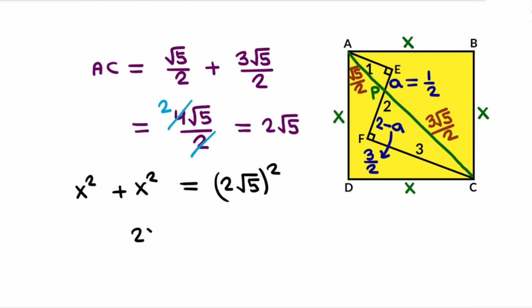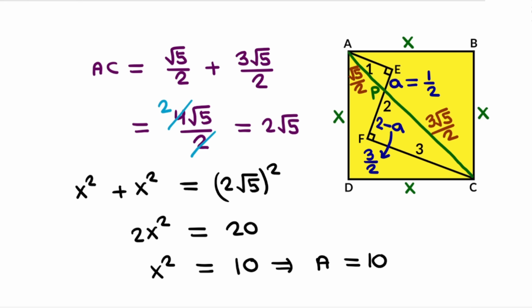That gives us 2x squared equals 20. Now divide both sides by 2, and we get x squared equals 10. And remember, x squared is the area of our square. So the exact area is 10 square units.